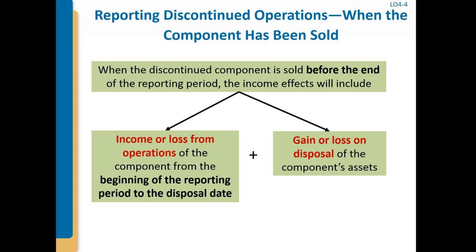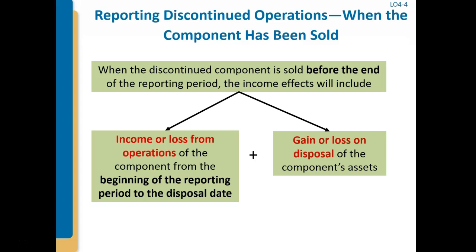When the discontinued component is sold before the end of the reporting period, the income effects of a discontinued operation will include two elements: income or loss from operations, which would be the revenues, expenses, gains and losses of the component from the beginning of the reporting period to the disposal date, and then gains or loss on disposal of the component's assets.